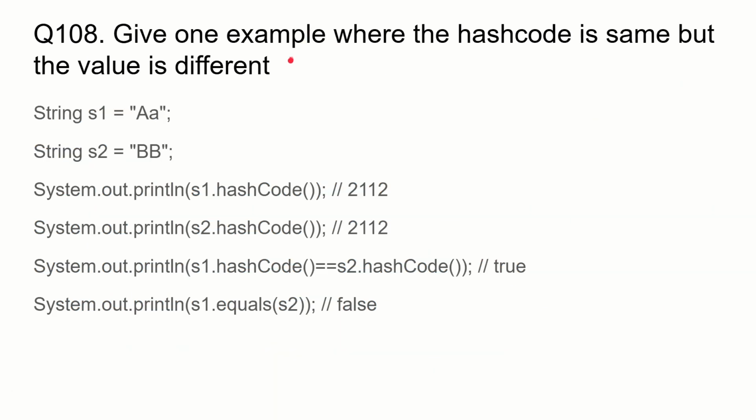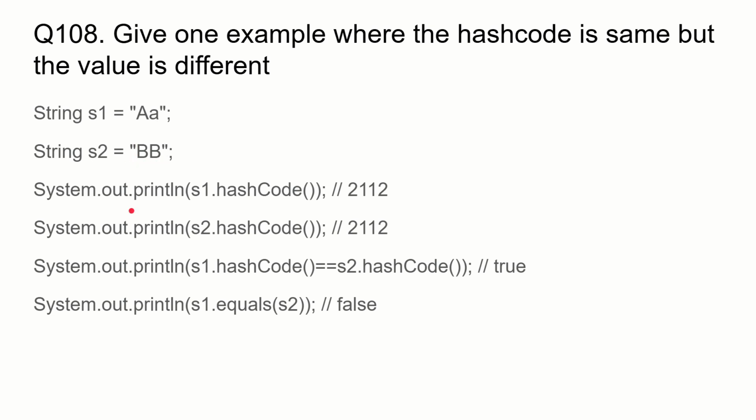So this was a weird question which was asked in one interview: give one example where the hash code is same but the value is different. I was not prepared at that time, but after the interview I checked how this condition can be met. So this is one of the conditions where we have two strings. One is a small a, another is both capital B's.